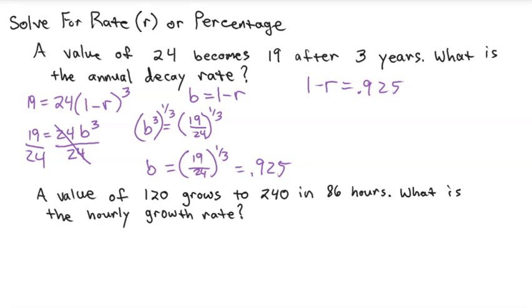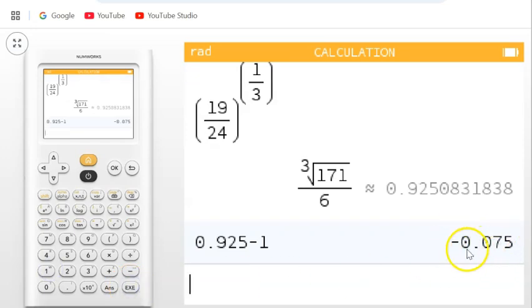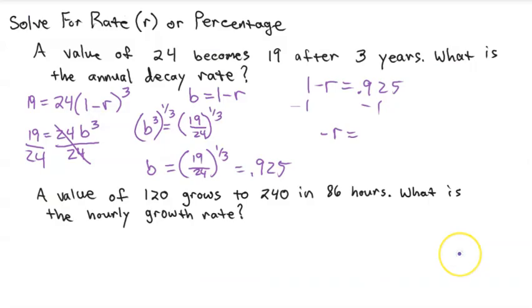Now, to solve for r here, what we can do is multiply by -1. This is weird, so this is negative. Well, what I'll do is I'll subtract 1 here and I'll subtract 1 here. And then we wind up having negative r is equal to, and we can do this in a calculator, 0.925 minus 1, which equals negative 0.075.